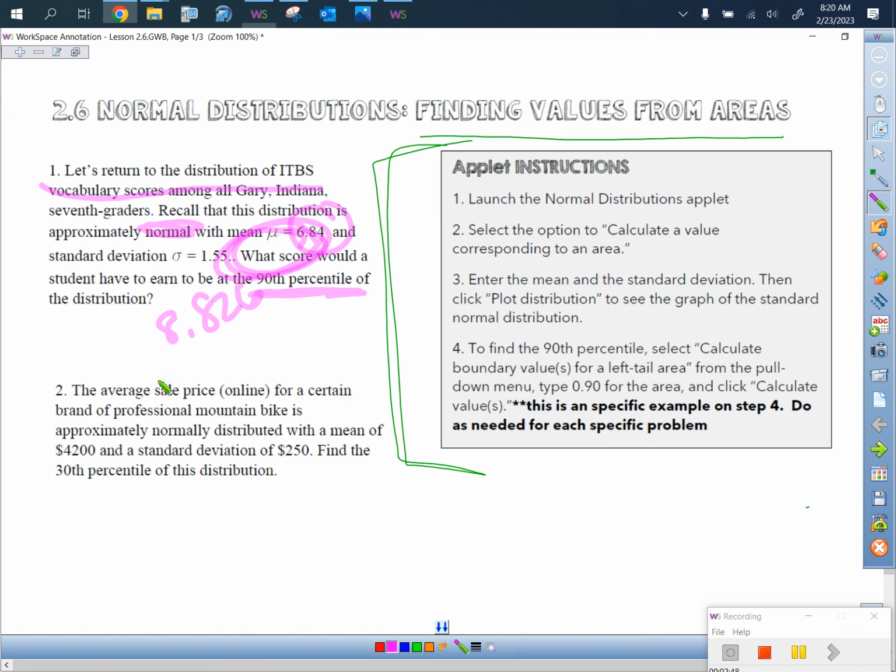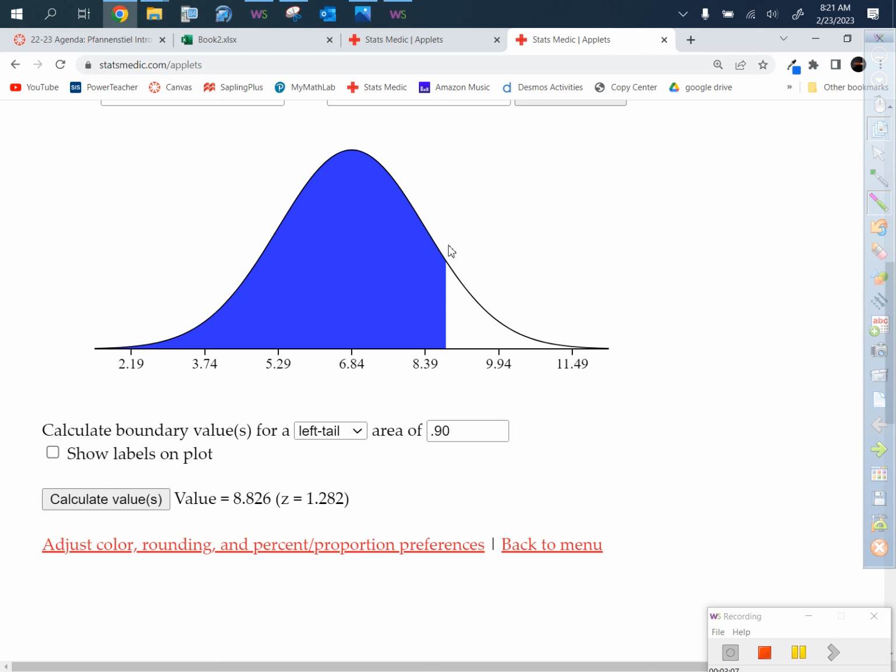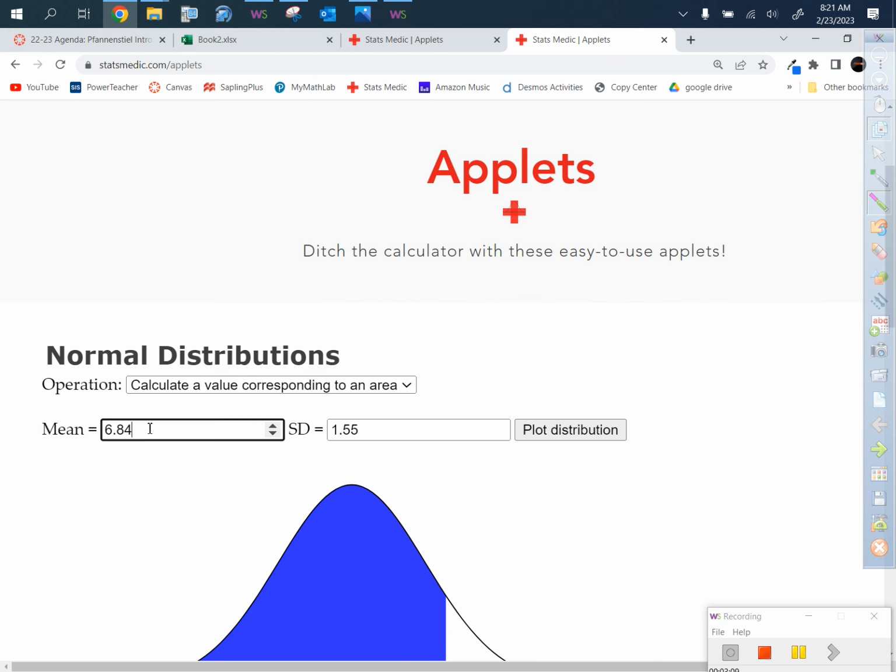So let's try another one of those. The average sale price for a certain brand of professional mountain bike is approximately normal with a mean of this guy and a standard deviation of that. Find the 30th percentile. So we'll go punch those numbers into the applet. It's got a mean of 4,200 and a standard deviation of $250. So they're buying a mountain bike.